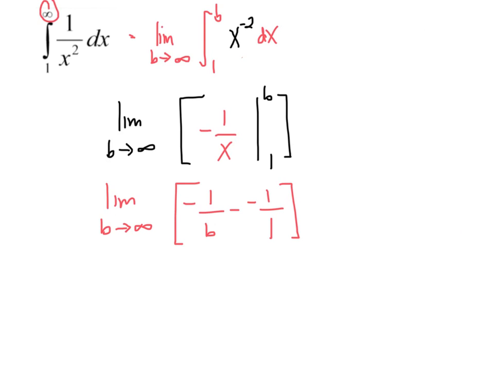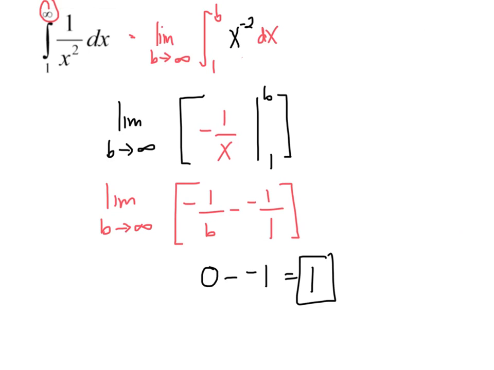So now you've got to think, as b gets larger and larger, what happens to this? Well, this first fraction approaches 0. The other fraction has nothing to do with b. It's just 1 over 1. Well, 0 minus -1 is 1. And this is the limit of what our area approaches.